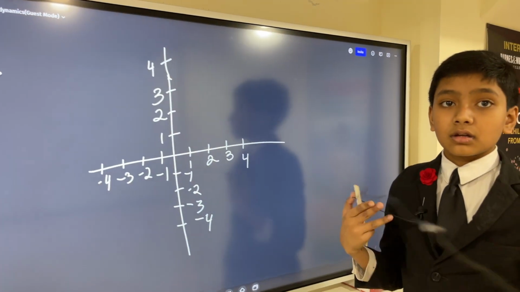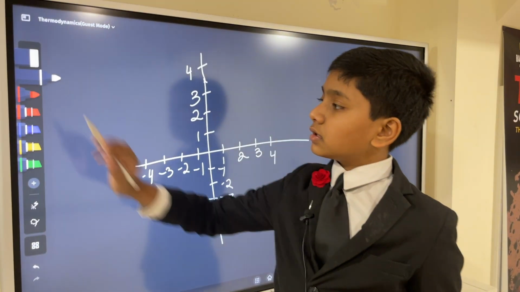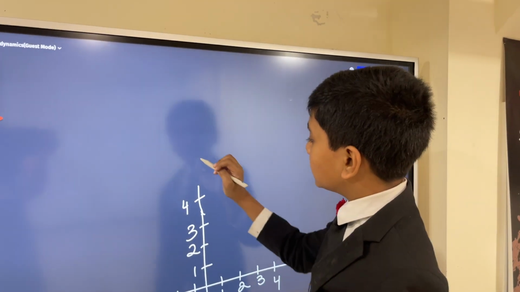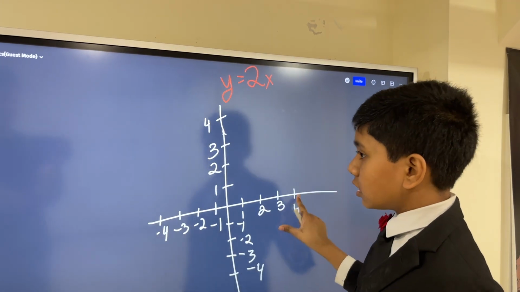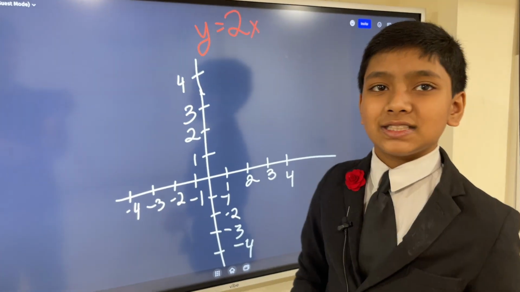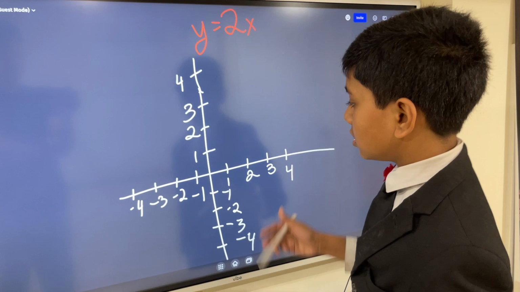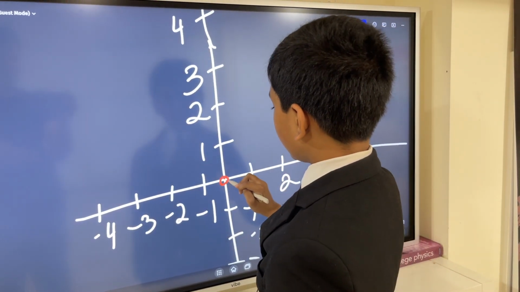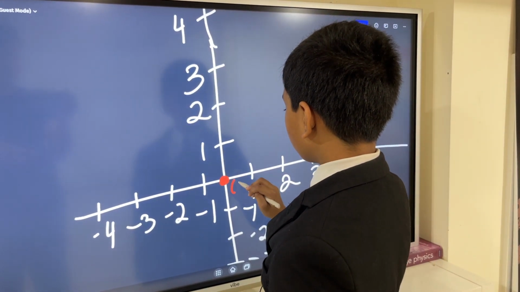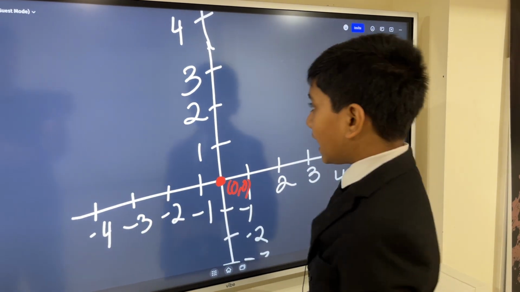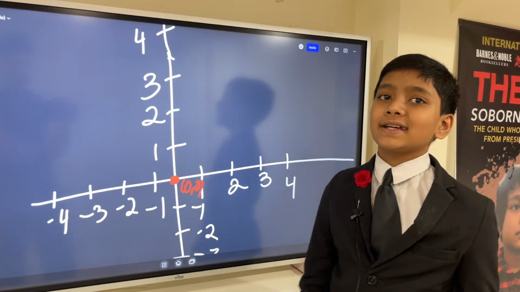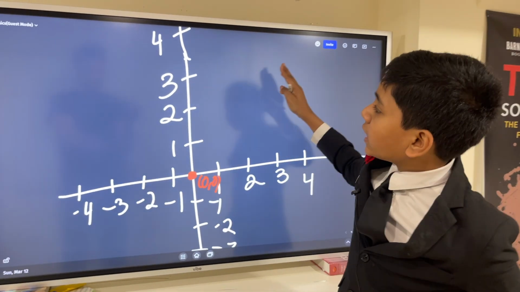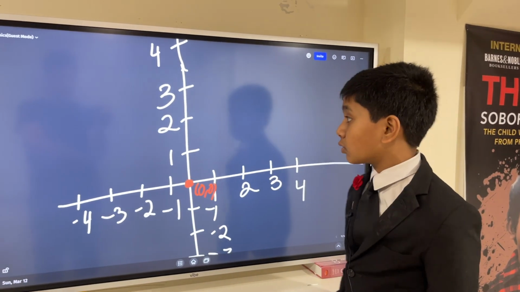Okay, so let's try graphing something like 2x. That would be a little spicy, because this would be 0, 0, right? But now, let's think of one point that obeys y equals 2x. That means their y coordinate has to be twice their x coordinate.